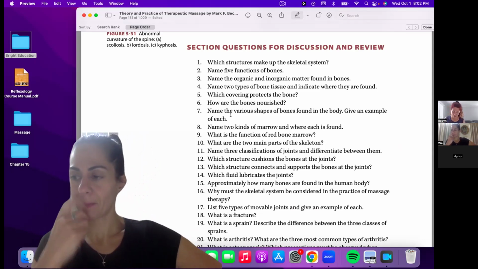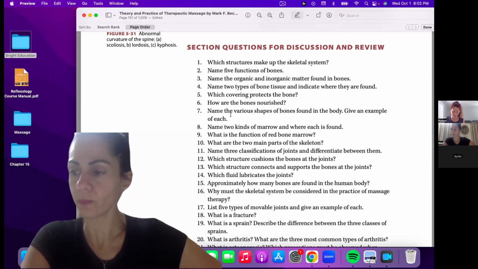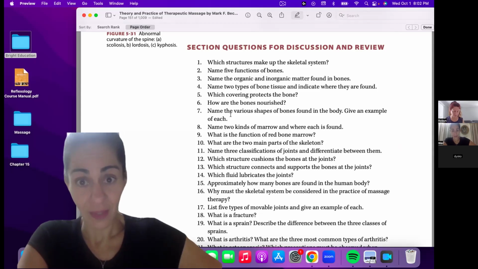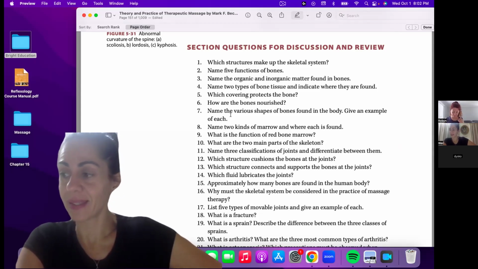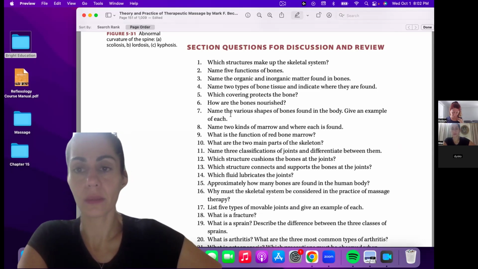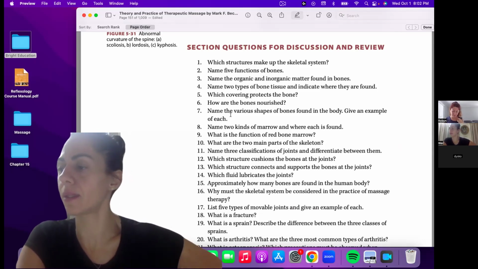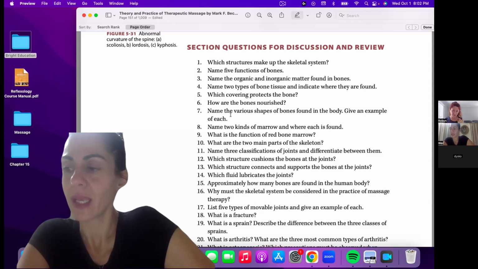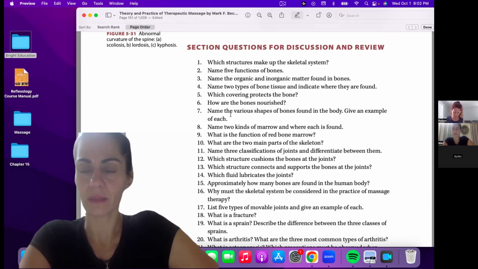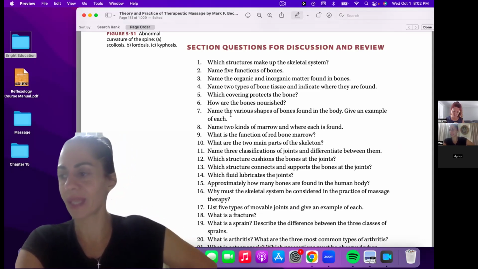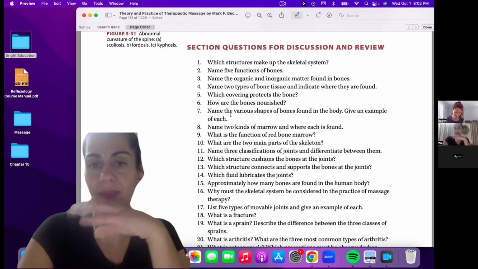And what else? The blood. Correct. And what's inside the bone? Marrow. Correct. And connective tissue. Now the inorganic is just the minerals. Minerals, okay? The calcium phosphate, carbonate, those kinds of things.